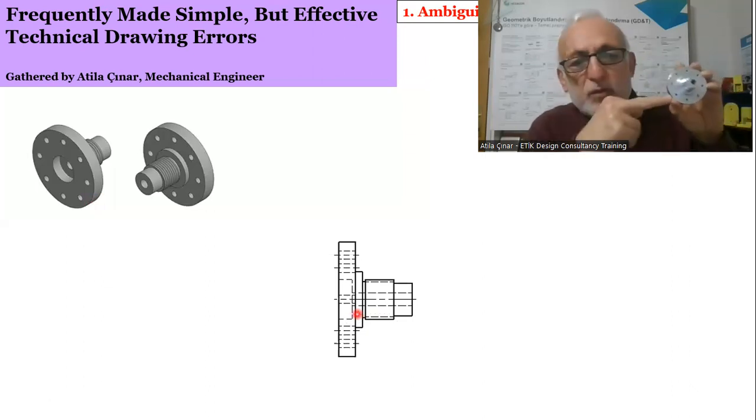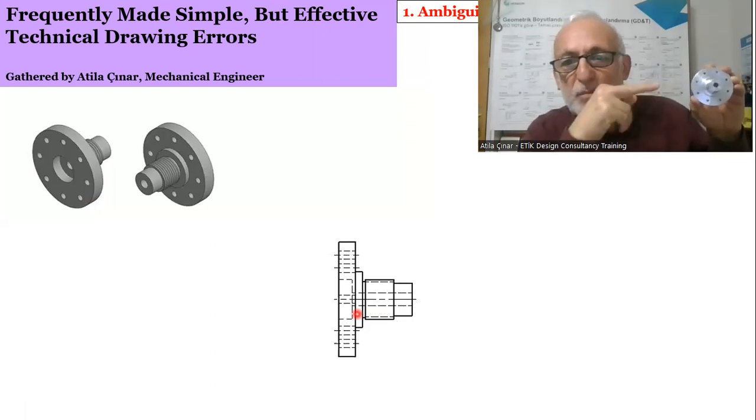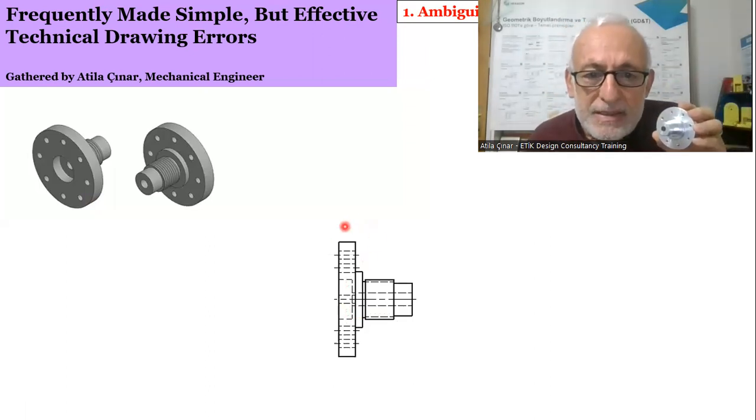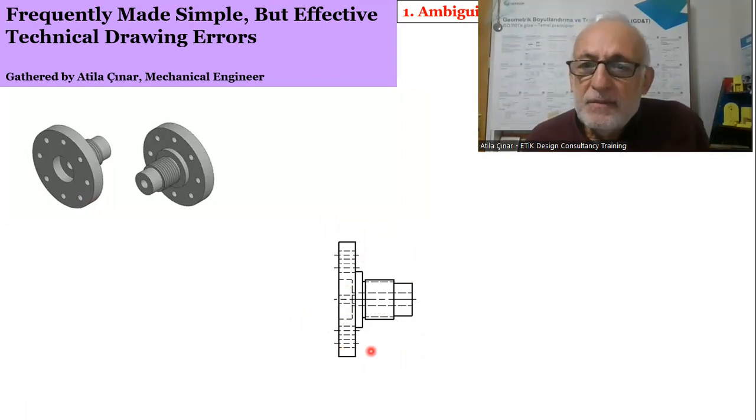Let's say the front view of this part is the view when we look from this direction. Then we put dimensions on this view: the diameters, the lengths, the depths, chamfers, and many other things.